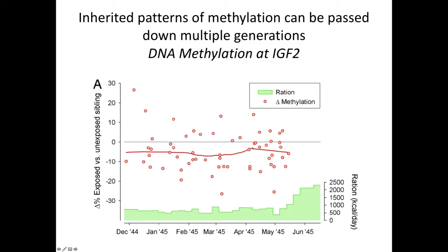And this is at the IGF2 locus, the same locus that we talked about. So somehow individuals that were gestated in mothers who were experiencing reduced calorie counts seem to have less methylation at the insulin growth factor 2 locus.